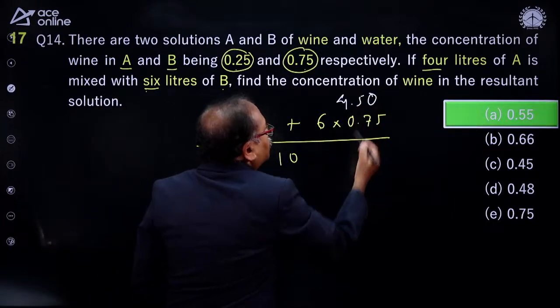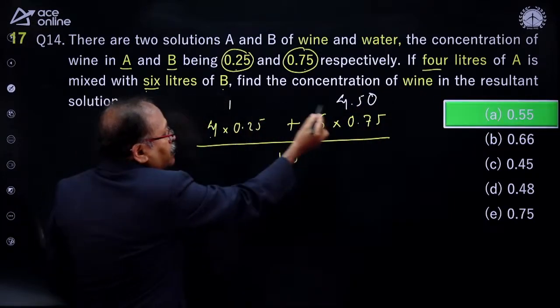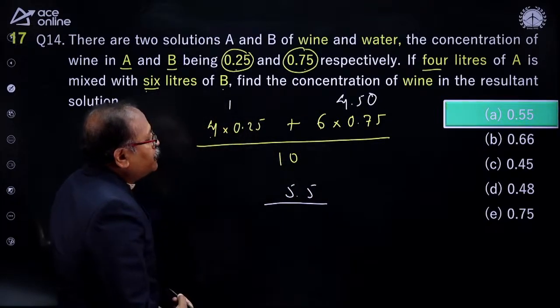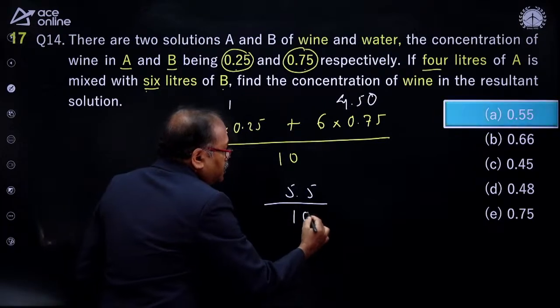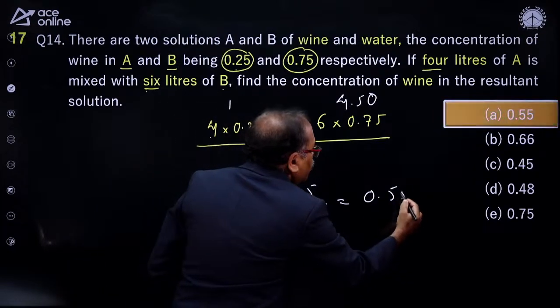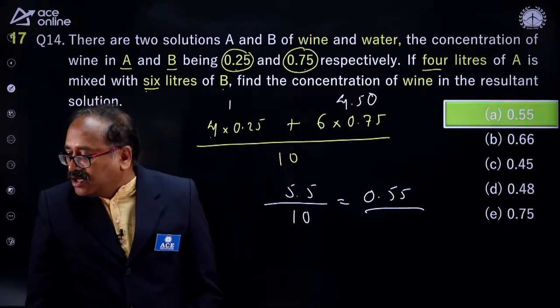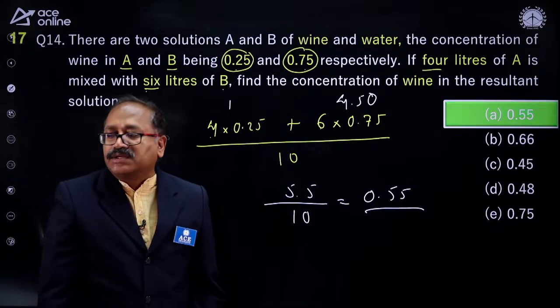So this comes 4.5. So that is 1 plus 4.5, that is 5.5, divided by 10 is nothing but 0.55. This is the easiest way to answer questions like this. I really appreciate that Sheikh has answered the question.